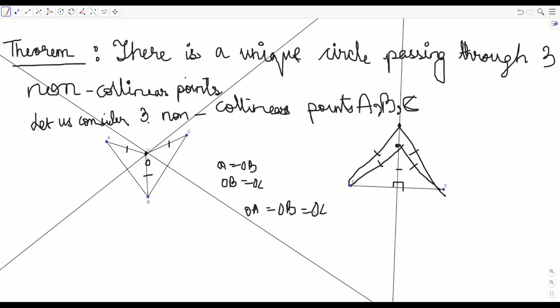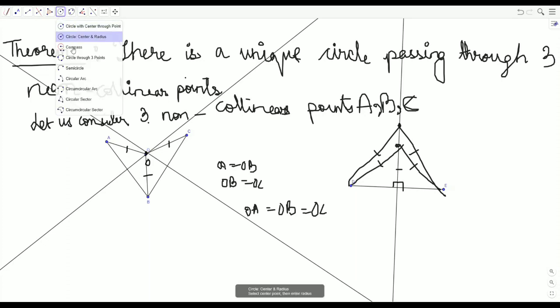These are all equal, so we can consider O as the center of the circle. A, B and C will be random points, and a circle will pass through them, and that circle is unique. We will show how it will pass.